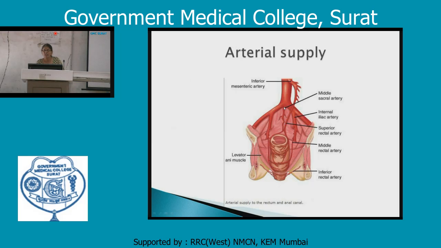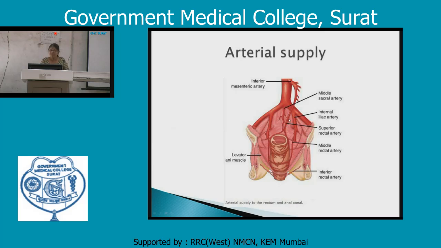This is the median sacral artery. So three arteries supply blood. The most important one is the superior rectal artery, continuation of the inferior mesenteric artery, which supplies most of the rectum and the mucosa. Middle rectal, less important, supplies the musculature on the posterior surface at the anorectal junction. So this is the arterial supply of the rectum.